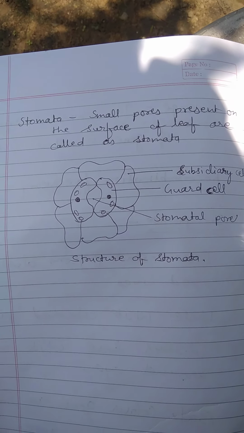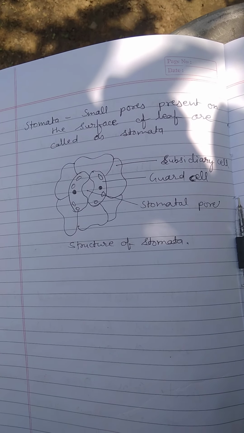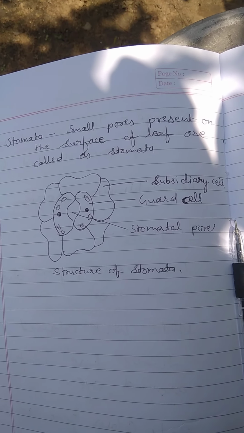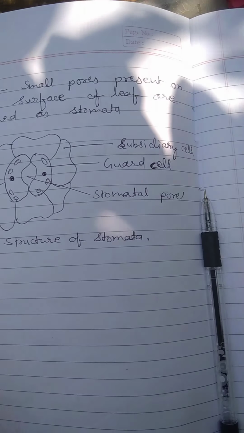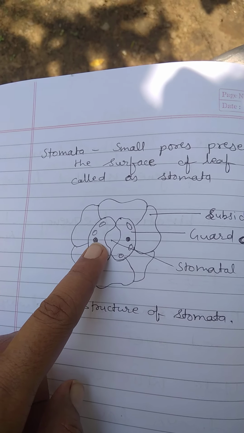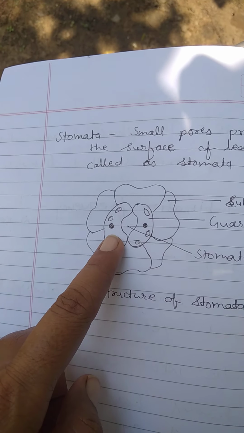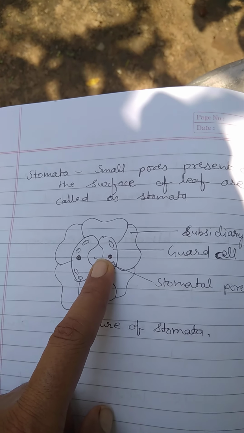The turgidity of the guard cell is responsible for opening and closing of the stomata. For turgidity, some ions are responsible, especially potassium ions, which go inside the guard cells, increasing the osmolarity, so water also comes into the guard cells, which makes them turgid and the stomatal pores open.